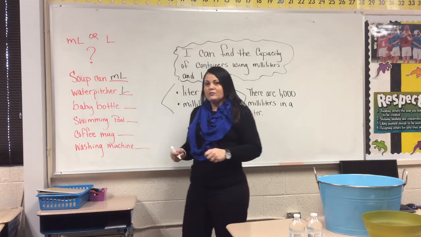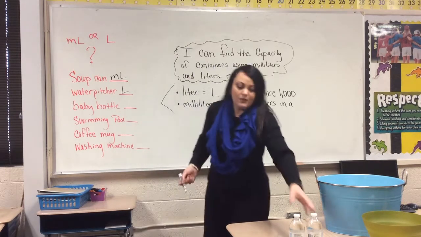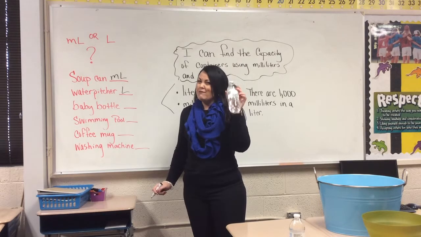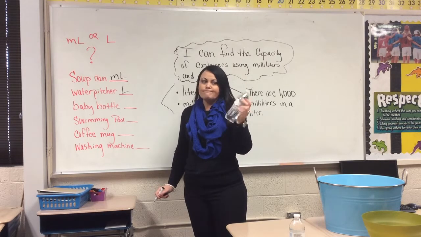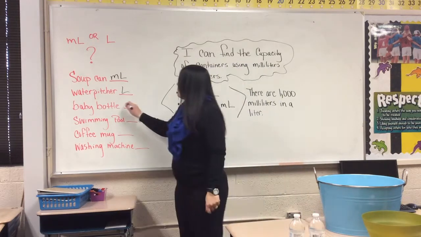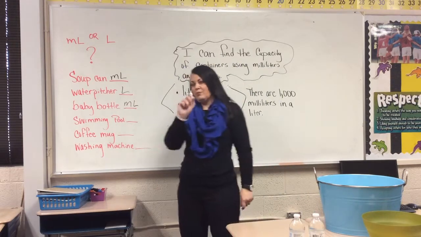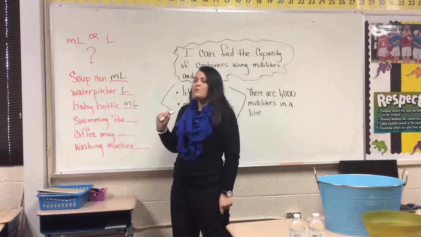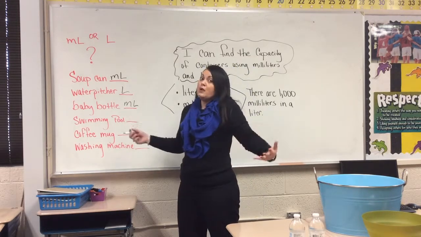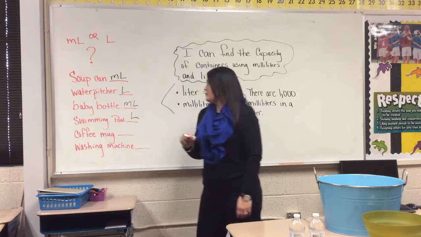A baby bottle. A baby bottle would probably be this size or smaller. So if this is only 500 milliliters, would I say milliliters or liters? You guessed it, milliliters. Very good. A swimming pool, milliliters or liters? I'm thinking big, so I'm thinking liters.